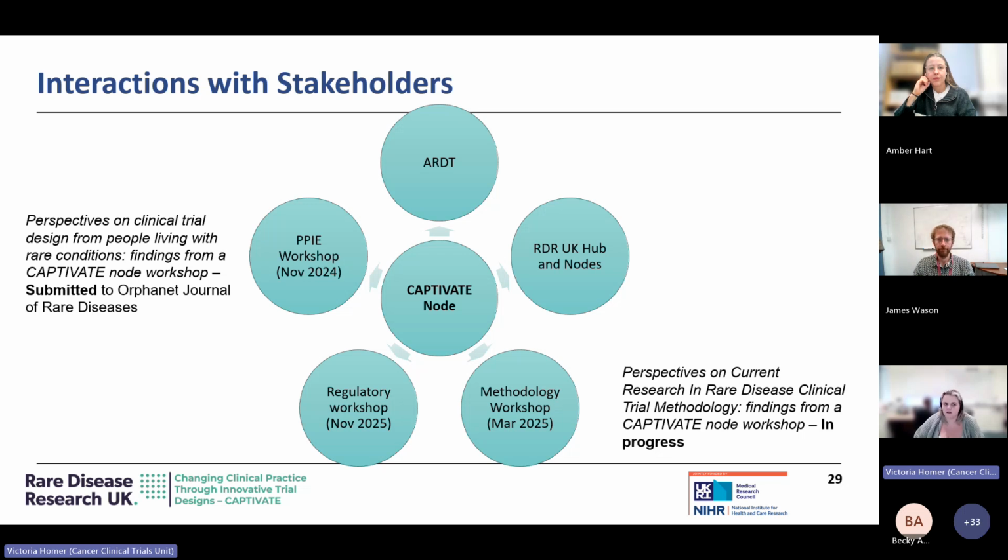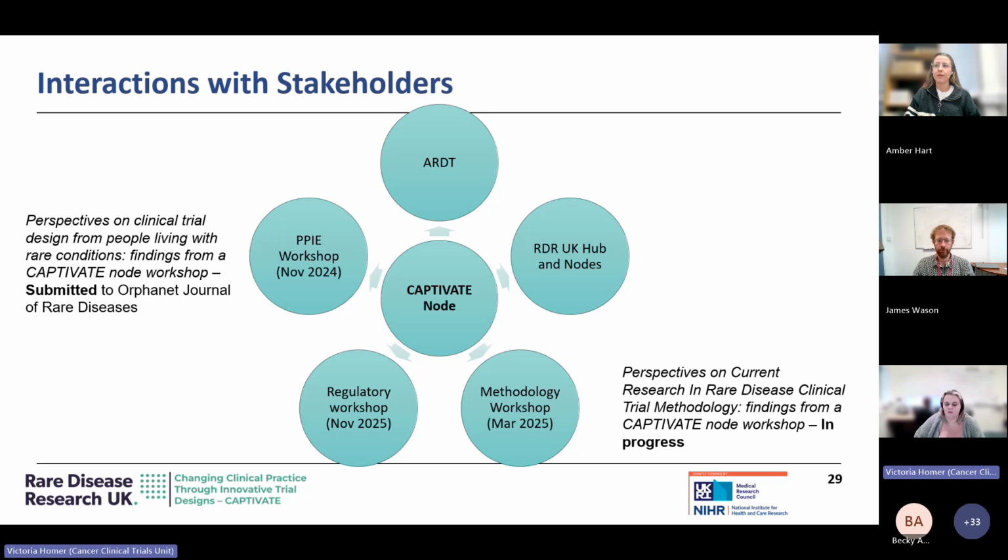We've held a series of stakeholder workshops. We held our first one about 12 months ago, where we brought together a panel of patients and members of the public to talk more generally about trial design and trial perceptions. We held one earlier this year with trialists and methodologists to think about their perspectives on the current methodology in rare diseases, as well as to scope out some of the ideas we're looking into and whether there was appetite for those.